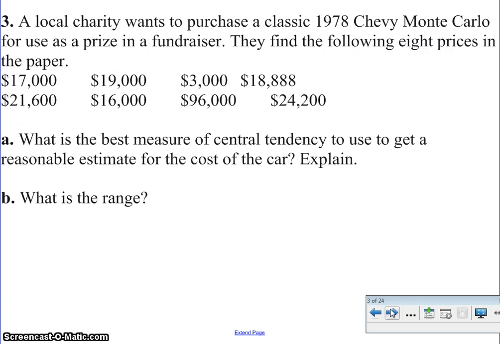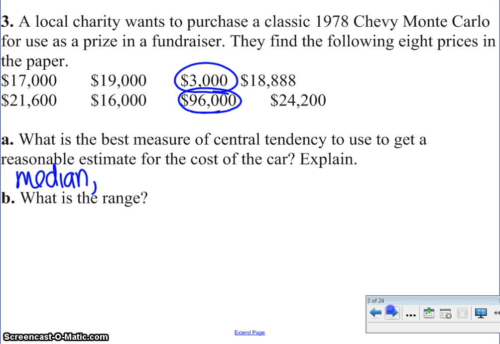All right, number 3. It says a local charity wants to purchase a classic 1978 Chevy Monte Carlo for use in a prize fundraiser. They have the following 8 prices in the paper. What is the best measure of central tendency to get a reasonable estimate for the car, and explain? And again, same as in question 2, the answer is going to be the median, because if we look at this, 96,000 and the 3,000 are both huge outliers.